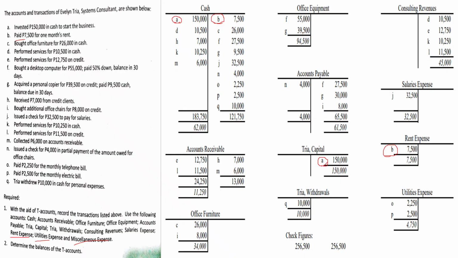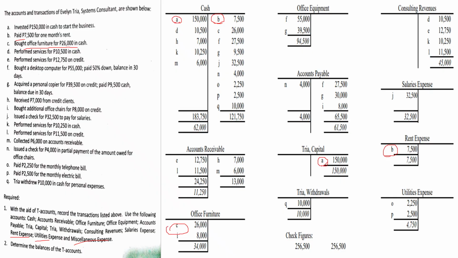Okay, now let's proceed to letter C. Bought office furniture for 26,000 in cash. So when we buy office furniture, which is an asset, the furniture will increase, right? So an asset, once it increases, is on the debit side. Okay, right? So there, we have here a debit to letter C, office furniture.